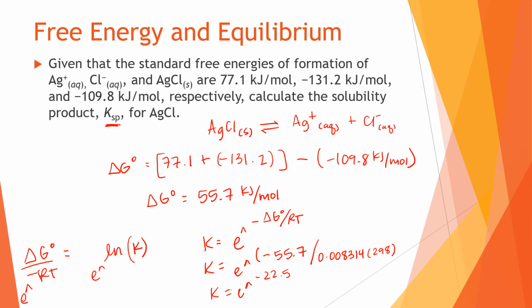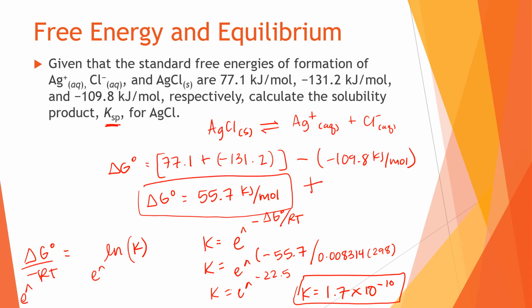And that gives me 1.77 times 10 to the negative 10. All right. So let's think about this for a second. My delta G was positive, so that means it's non-spontaneous, which should mean I have a K that's much less than 1, which I do here.